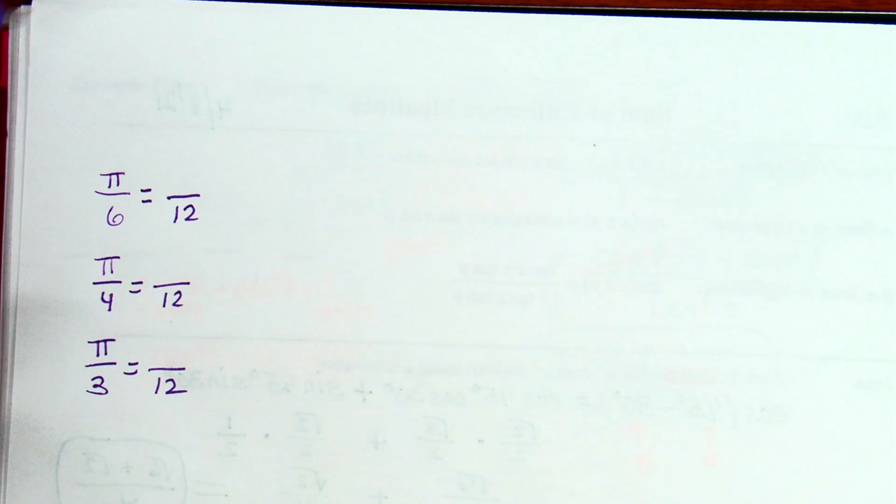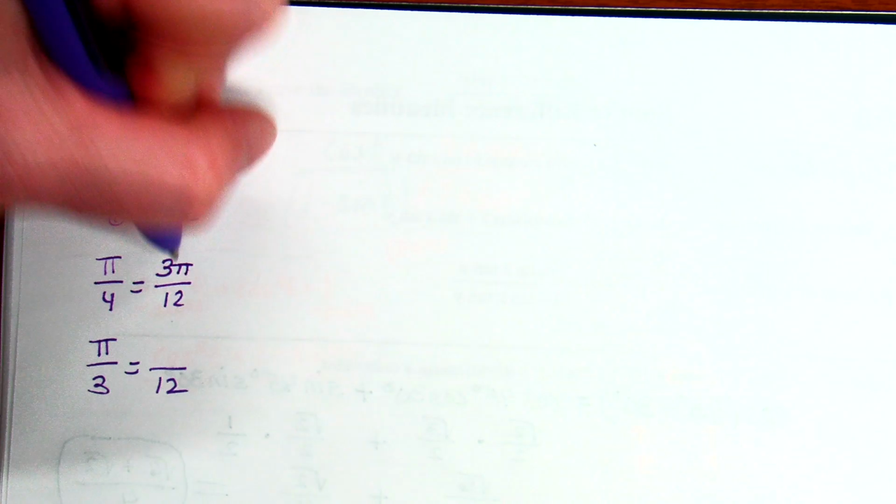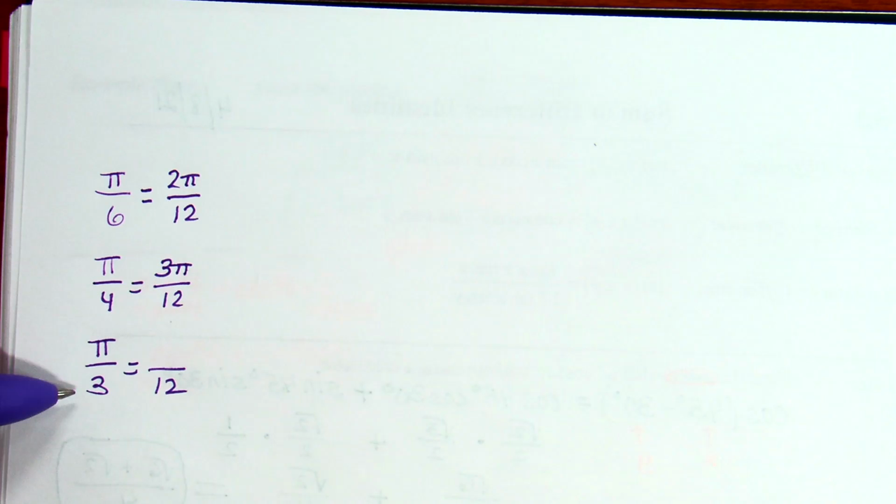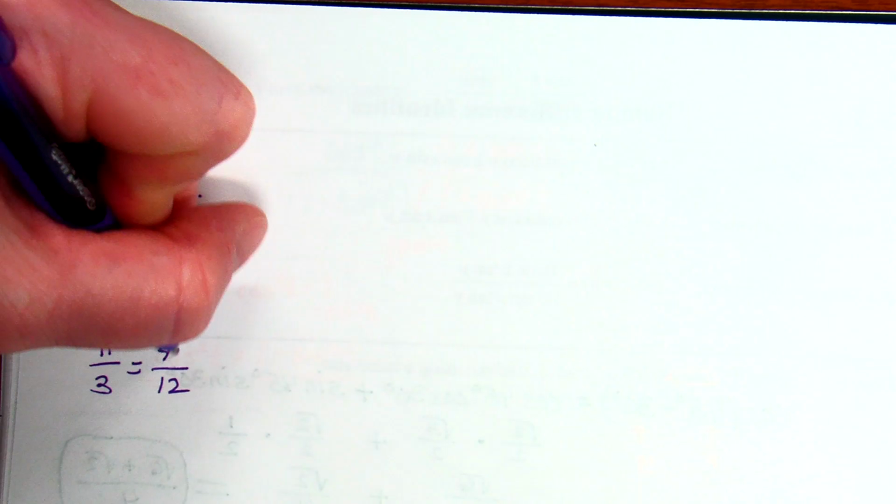So pi over 6, when we make it twelfths, you're multiplying by 2, and this is 2 pi over 12, yes? Pi over 4, we're multiplying by 3, and so that's equivalent to 3 pi over 12. Pi over 3, multiplying by 4, it's 4 pi over 12.